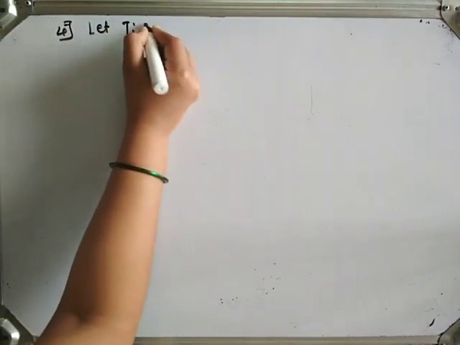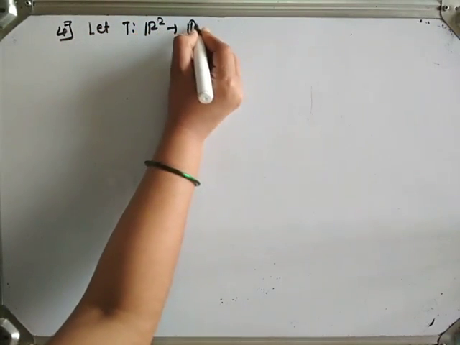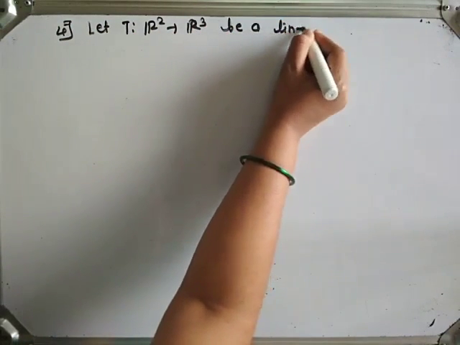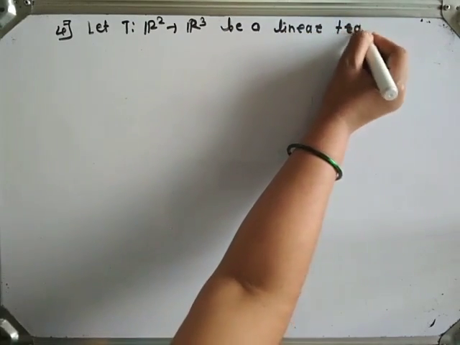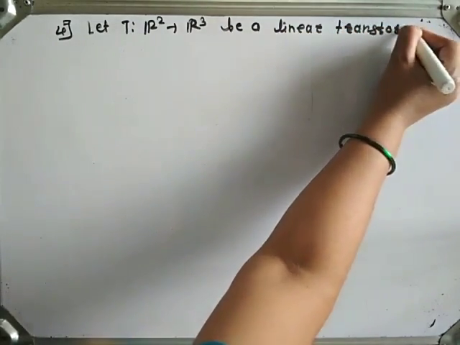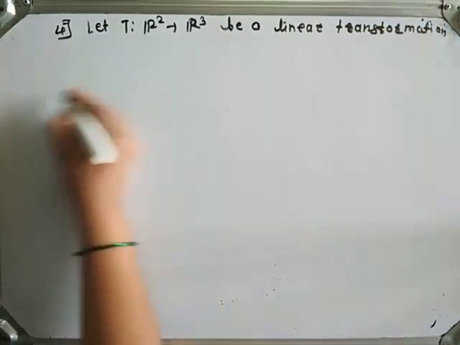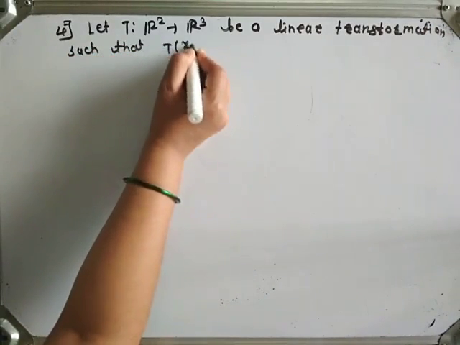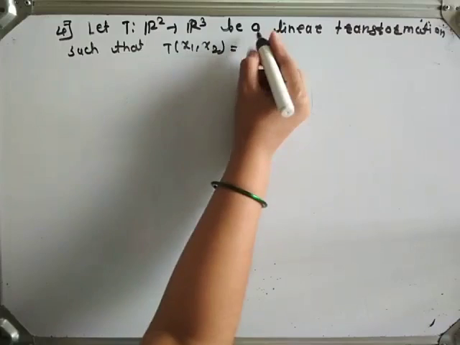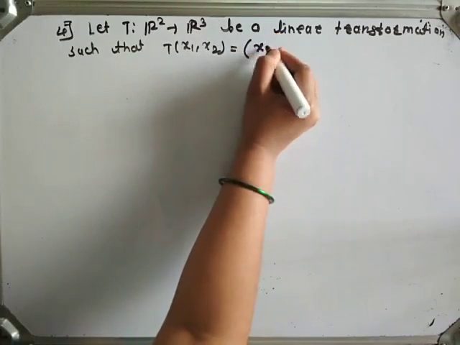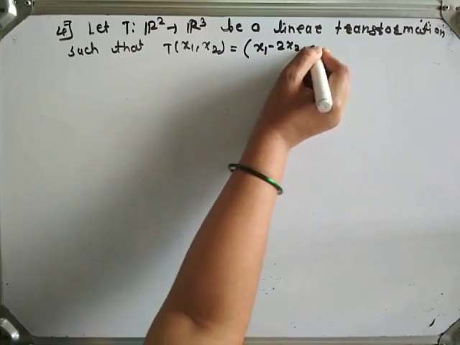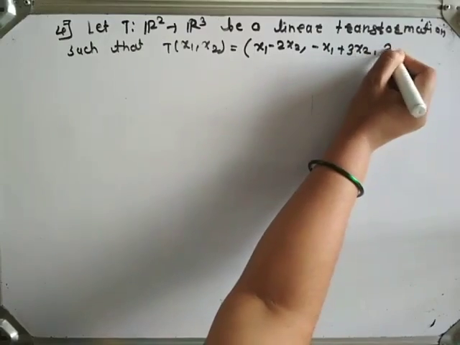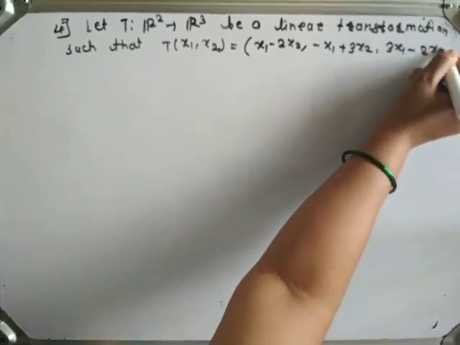Let T from R2 to R3 be a linear transformation such that T of (x1, x2) is equal to (x1 minus 2x2, minus x1 plus 3x2, 3x1 minus 2x2).